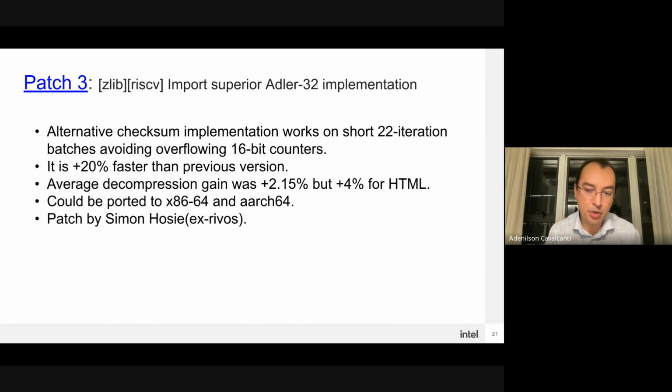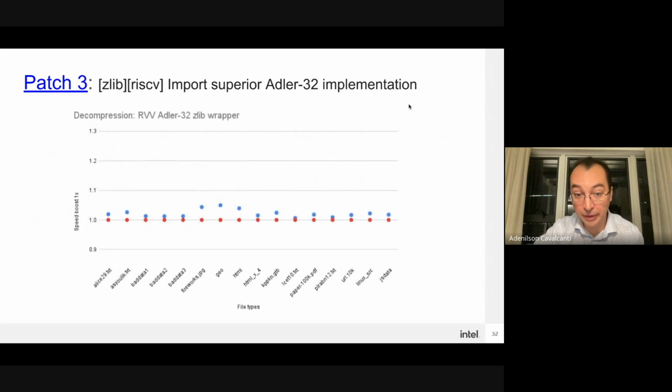The average compression gain wasn't that expressive because there is a factor of 10x: on a typical zlib wrapper, when you make a checksum 20% faster, we have to divide that by 10, so you're going to have an improvement in real data decompression around 2 to 3%. But it still was pretty good, and it was faster, and didn't have some issues of the previous code.